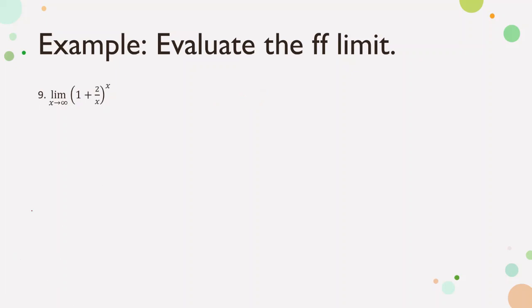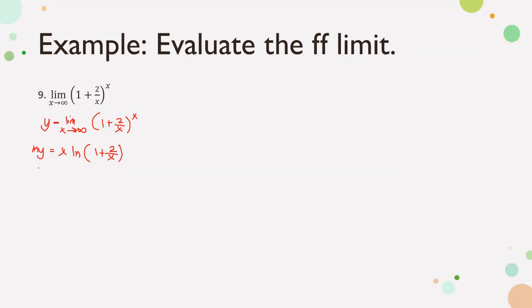Now again, since this is an indeterminate form of 1 raised to infinity, we have to equate this to y. So y is equivalent to the limit as x approaches infinity of (1 plus 2 over x) raised to x. After that, we have to take ln of both sides. So we have ln y is equivalent to the exponent times the ln of 1 plus 2 over x.